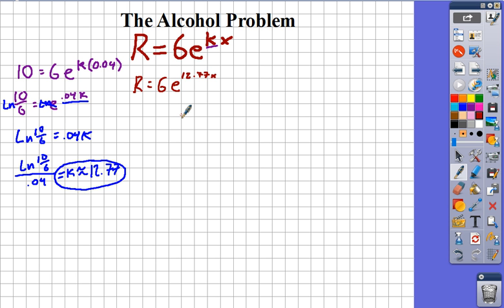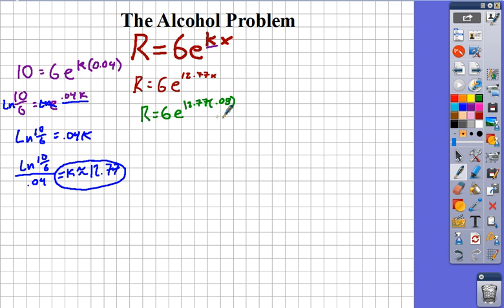Let's pretend, what if x is 0.08? Or in other words, consider the legal limit in most states. What's the risk factor of getting in an accident? So R would equal 6 times e to the 12.77 times 0.08 power.